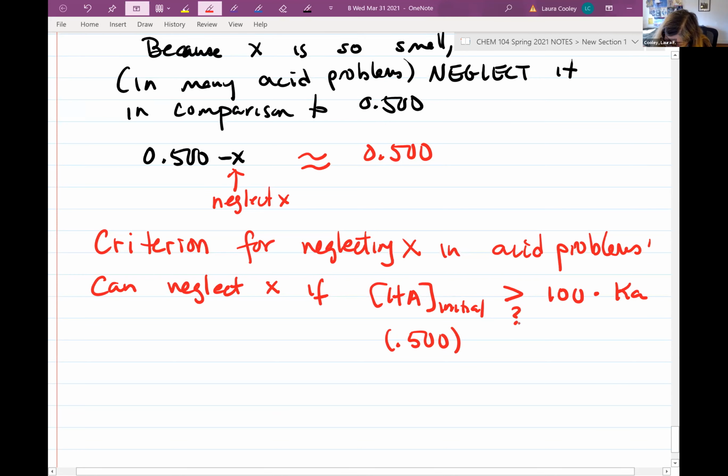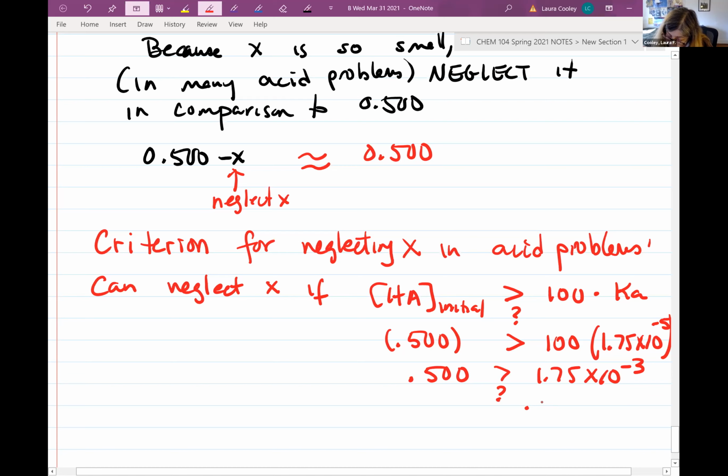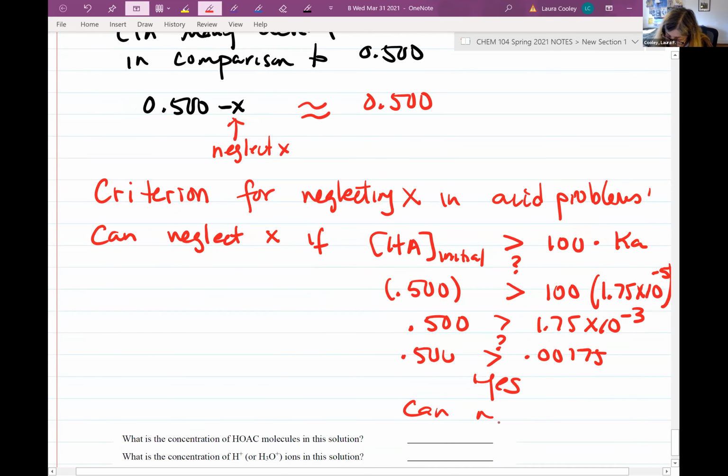So you have to ask yourself the question, is 0.5 greater than 100 times 1.75 times 10 to the negative fifth, which is 1.75 times 10 to the negative third? Is 0.5 greater than that? 0.00175. Yes, it is. So we can neglect the X.